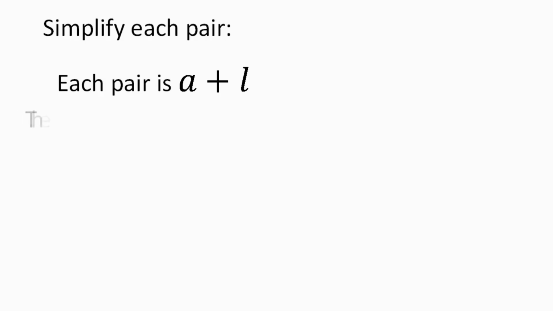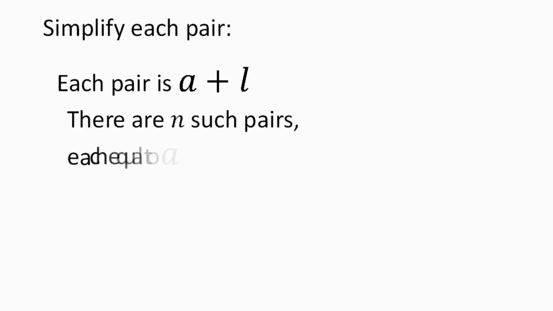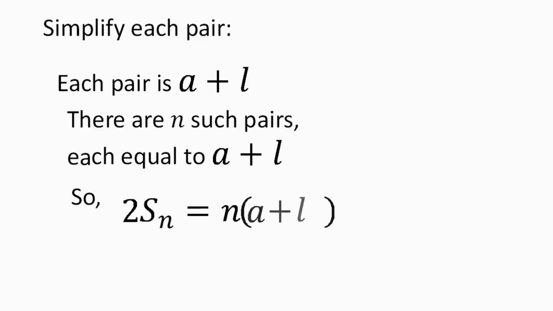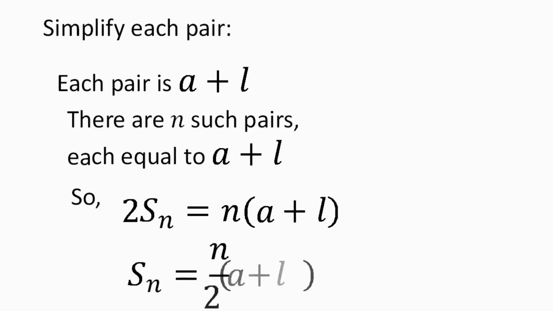Each pair turns out to be A plus L. There are n such pairs. So the equation is 2Sn is equal to n multiplied by (A plus L). Divide both sides by 2. We get Sn is equal to n divided by 2 times (A plus L). This is the answer.